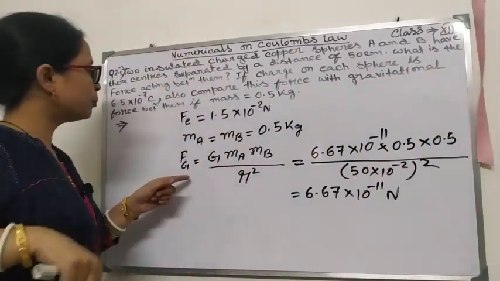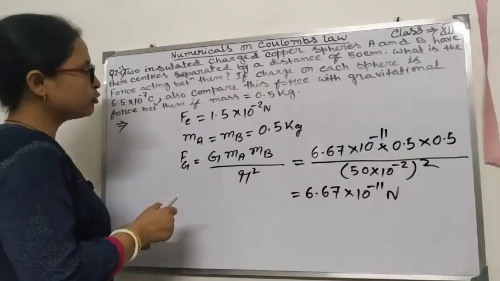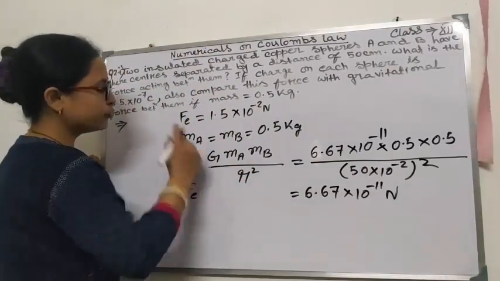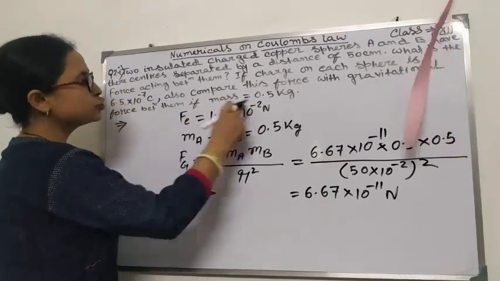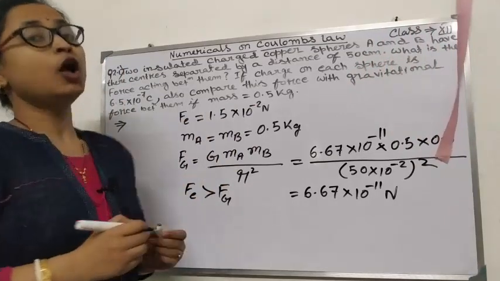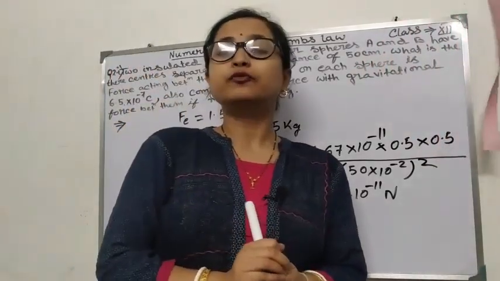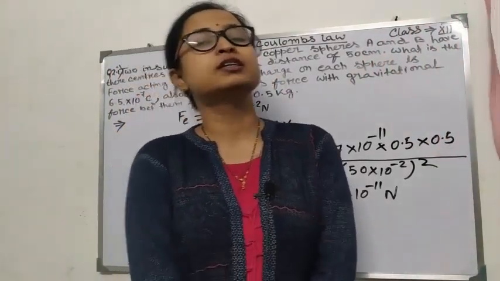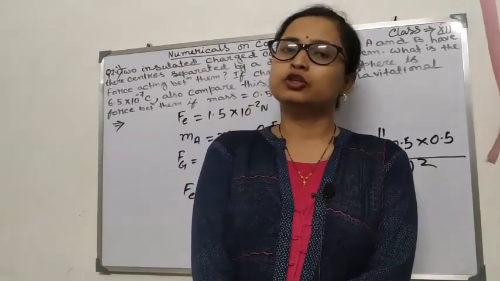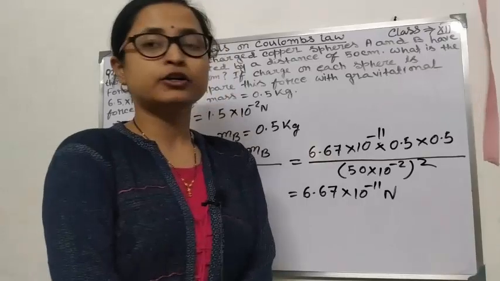Now if you compare Fe and Fg, you can see that the value of Fe, the electric force between these two spheres, is greater than the gravitational force. That means the electric force between these two spheres is much greater than the gravitational force acting between them. So this is the first part of this numerical.